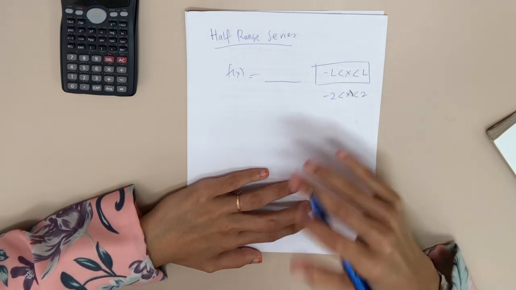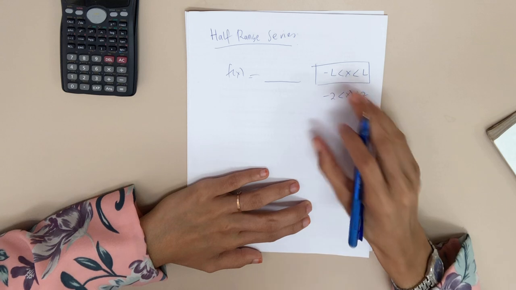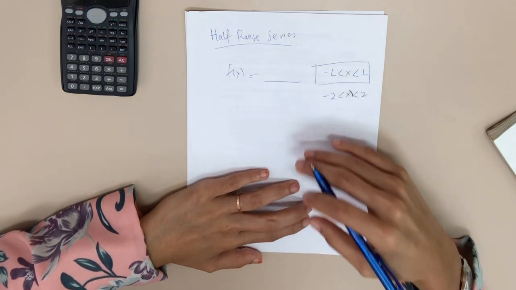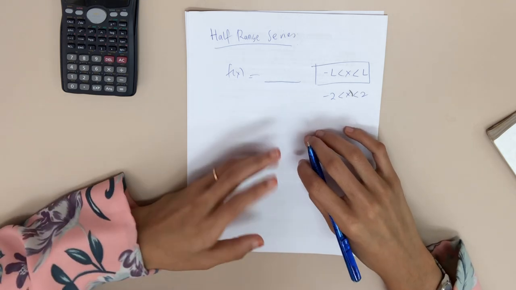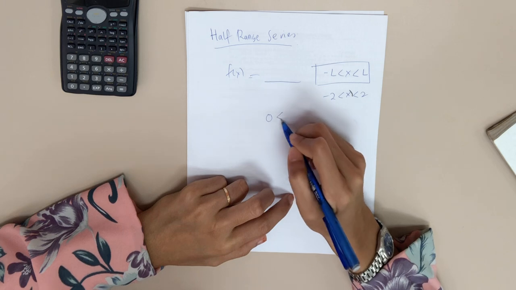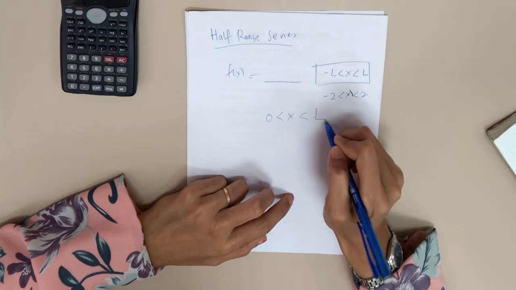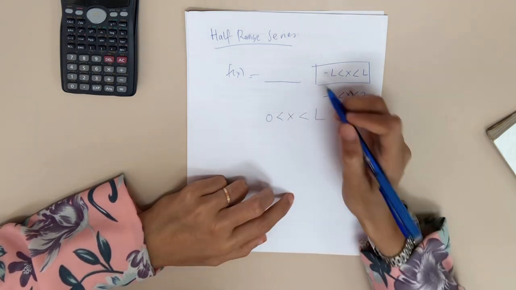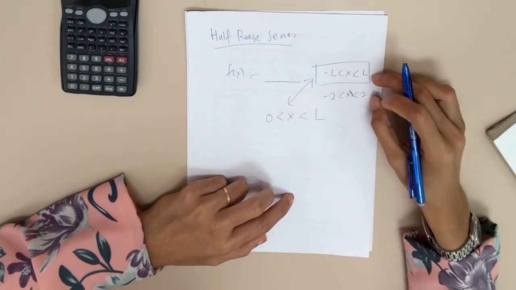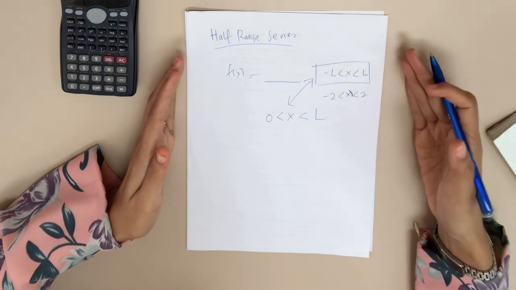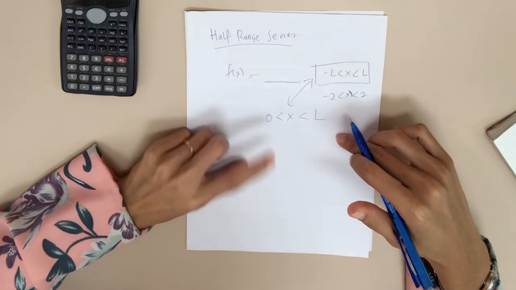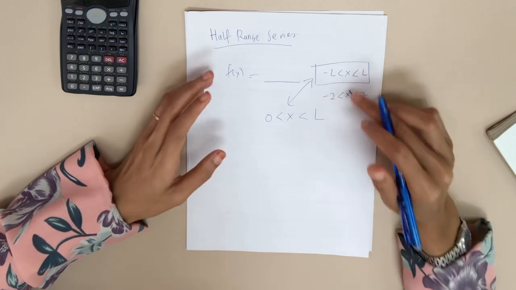This is what we learn in Fourier series. However, in many instances, we are also interested in representing a function that is defined on the interval 0 until L. Can you see the difference between these two intervals? This one is a full interval, from negative L until L. But this one is from 0 until L, which is half of the main interval.